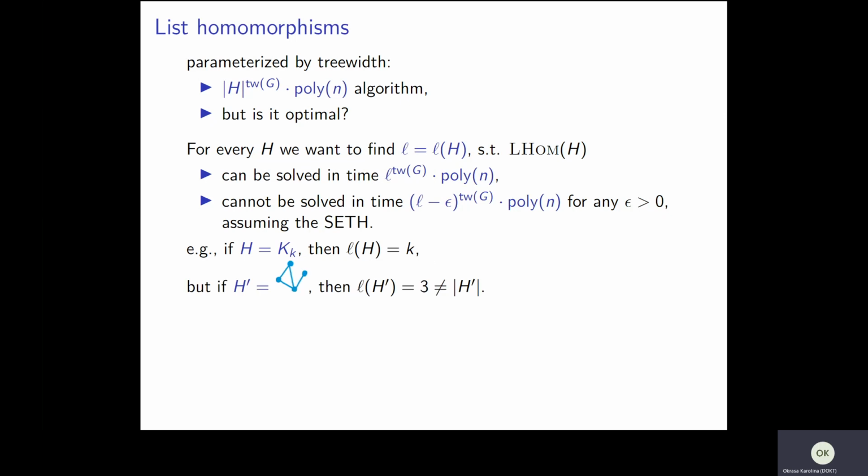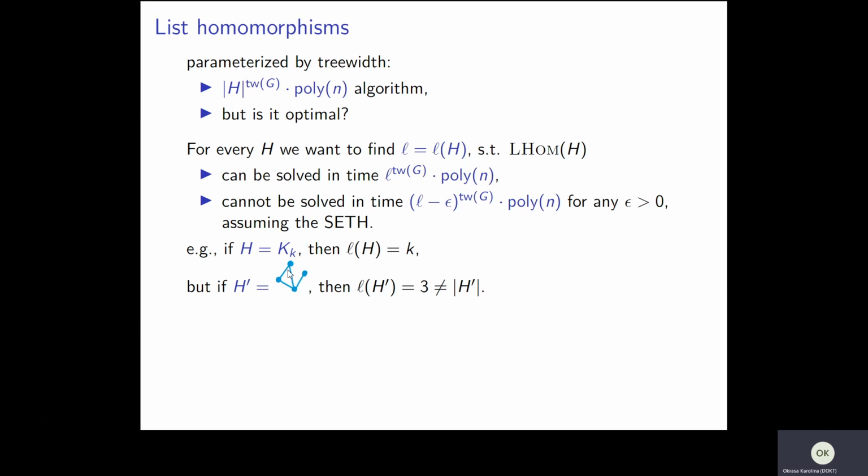On the other hand, it is straightforward, I think, that we can replace the number of vertices of H with the maximum size of the lists, right? So for H prime like this, observe that we can always have lists of size 3. As every homomorphism which maps something to this vertex of degree 1 can as well map it to those vertices of degree 2.